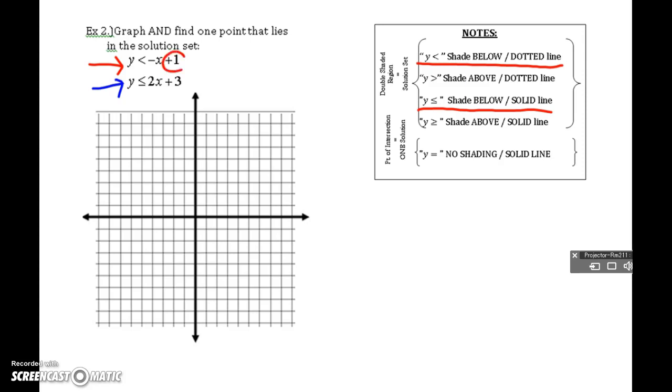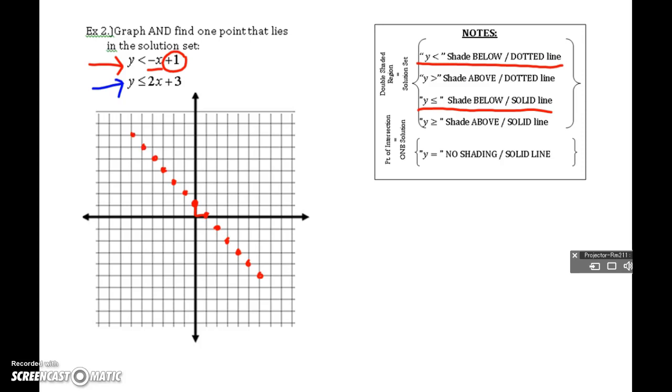I know that my positive 1 is where I start, my y-intercept, so I make a dot on positive 1. Then it's a negative x, meaning negative 1, so instead of up 1 and over 1, I'm going to go down 1, over 1, down 1, over 1. I can make as many of these as I need to.